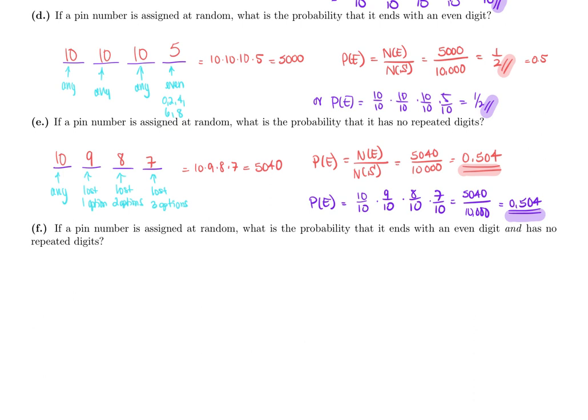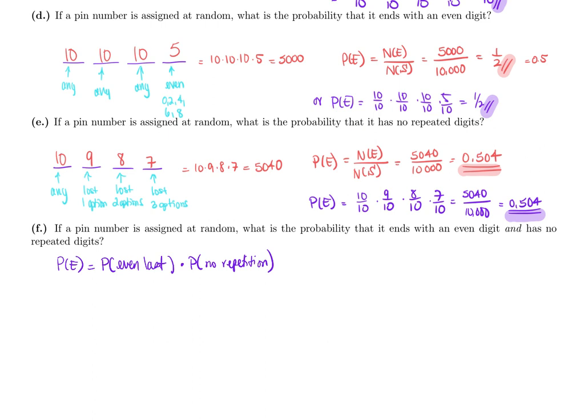So F says, if a PIN number is assigned at random, what is the probability that it ends with an even digit and has no repeated digits? So this one's going to be fun because here our event is that we have the probability of an even last digit, and, so multiplied, no repetition. Well, luckily, we already know each of those probabilities.